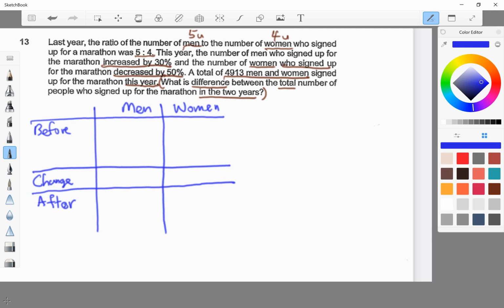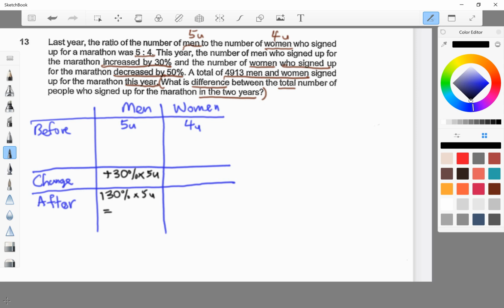So for the men, last year it was 5 units. For the women, 4 units. And it said that the men who signed up this year increased by 30%. So in my ratio table, I'll just indicate plus 30% times 5 units, which means that for the men this year it must be 130% multiplied by 5 units.